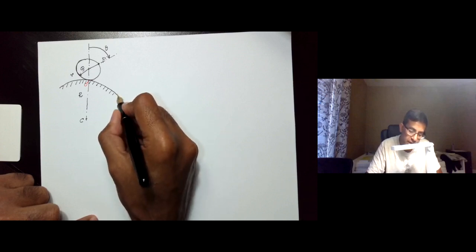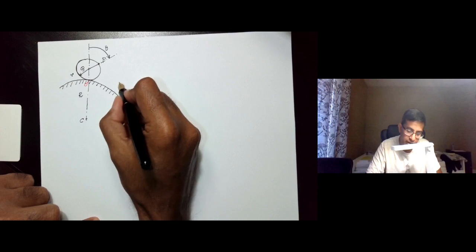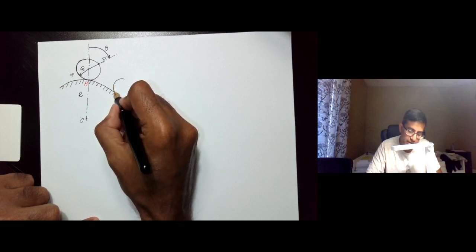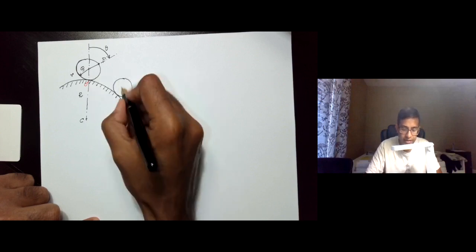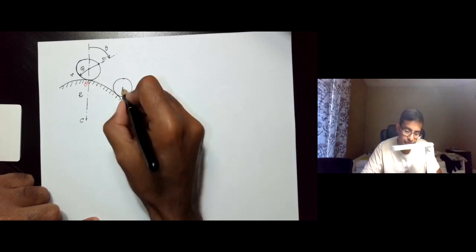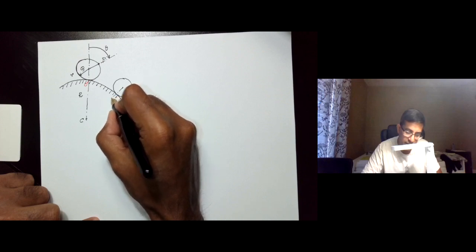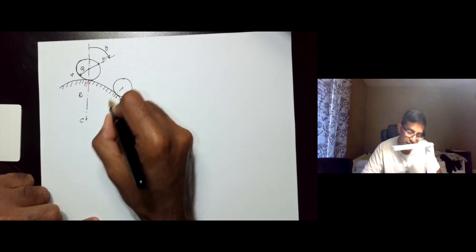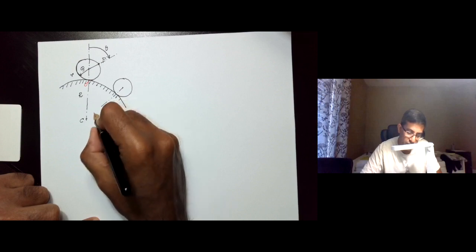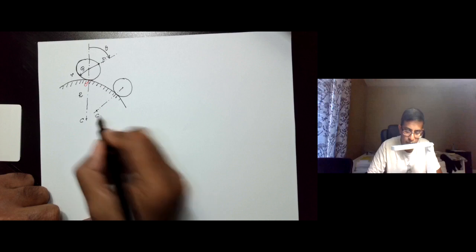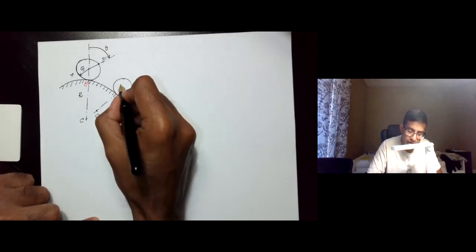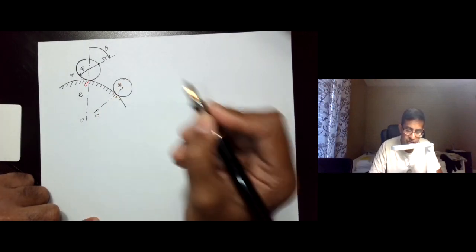and so you can imagine that if I extend it, let's say you have another instant here. At a later instant, let's say the disk is here. This is again still rolling without slipping. So let's say at that instant the center of curvature is this point C. The center of the disk Q is here.